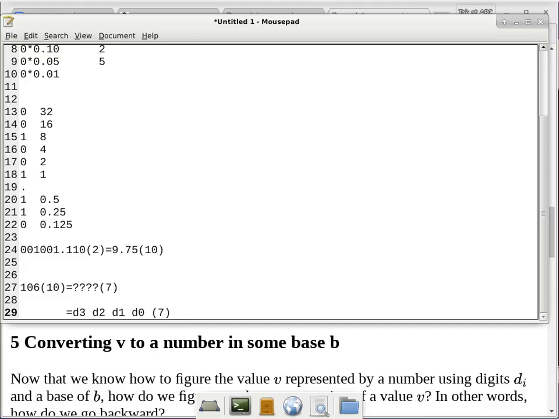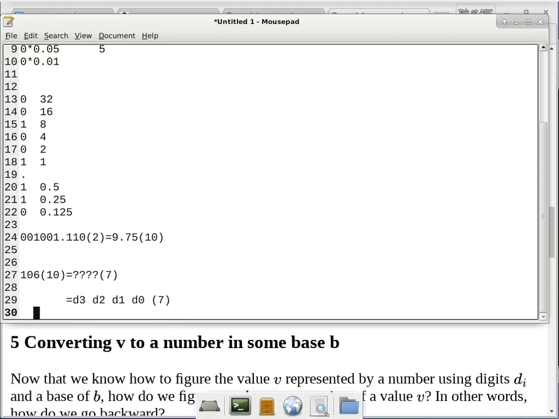So now we look at the base 7 notation and ask, what exactly is D3 telling us? Well, D3 is telling us the quantity of 7 raised to the power of 3. D2 is telling us the quantity of 7 raised to the power of 2. D1 is telling us the quantity of 7 raised to the power of 1.